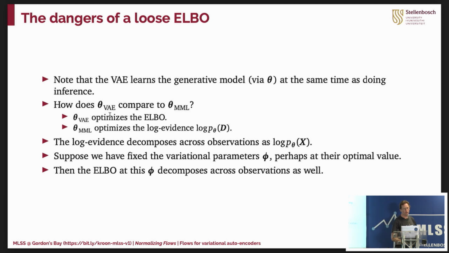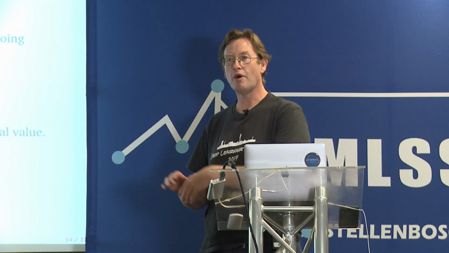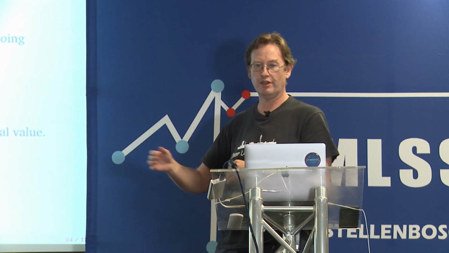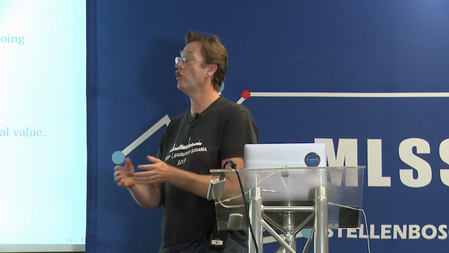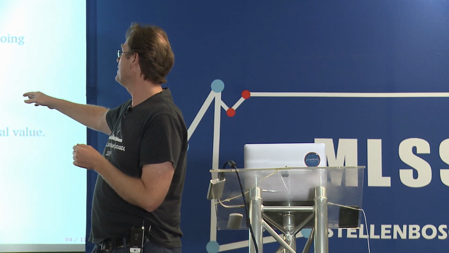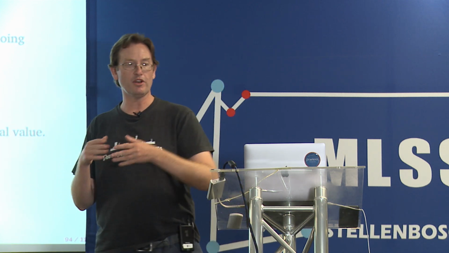Okay, so the one optimizes the ELBO, that's the tractable one, and the one optimizes the log evidence, which is the intractable one. Now the log evidence, if we assume IID observations, decomposes across each observation, so we can think of the log of the density of each observation, and we can consider this on a per observation basis.